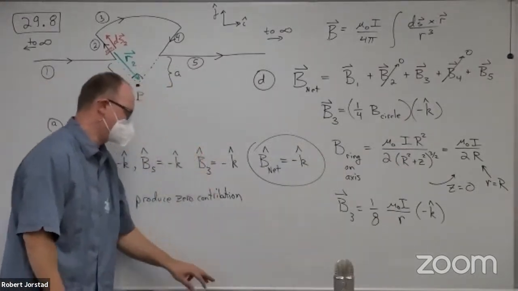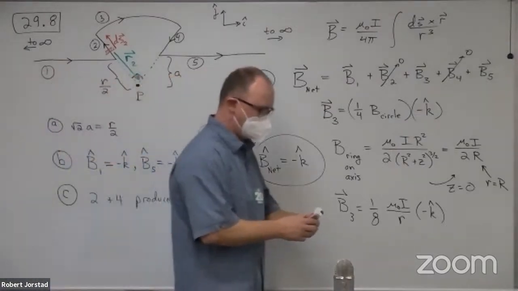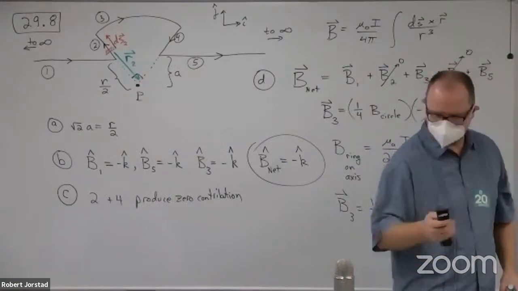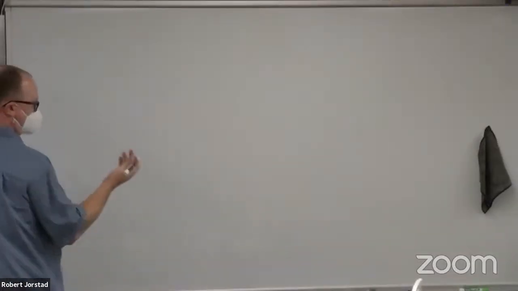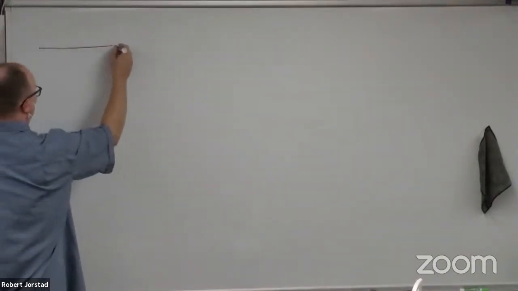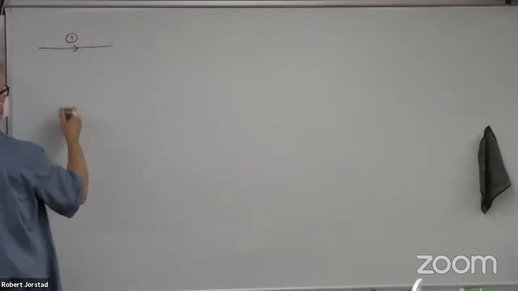Okay. What do you guys think about 1 and 5? How do you want to attack 1 and 5? There's a shortcut. Okay, so I'm going to redraw this over here. Let's get a new page. Which one do you want to do? 1? Okay. So here's wire segment 1, current flowing to the right.